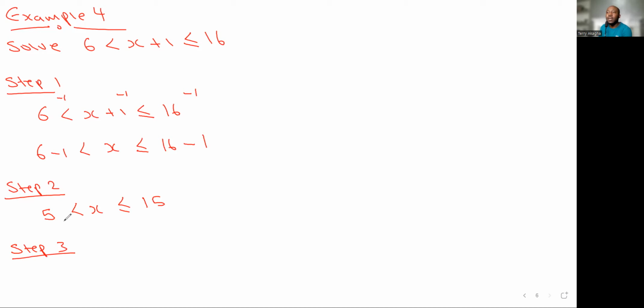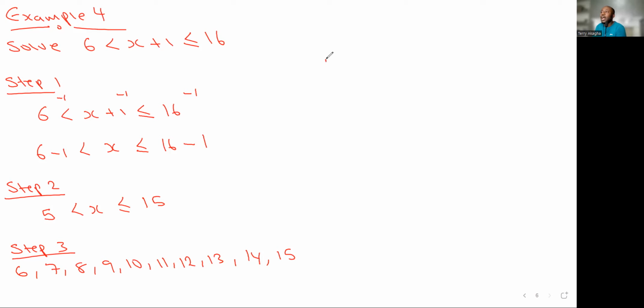Because x is greater than 5, but less than or equal to 15, it's going to become 6. All the solutions are 6, 7, 8, 9, 10, 11, 12, 13, 14, and 15. So in this case, 15 is going to be part of the solution, but 5 is not.